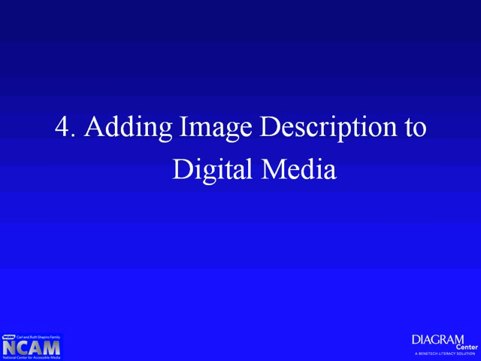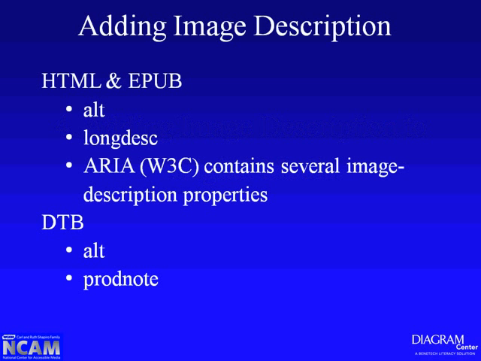Let's look at the ways that we can add image description to digital media. It's fairly straightforward. When you're working in HTML or EPUB, you have a few options. You have alt text, which is a brief textual alternative to the image. If you have a much longer description, you can use Longdesc. Longdesc also enables you to use those HTML tools like tables, lists, and MathML.